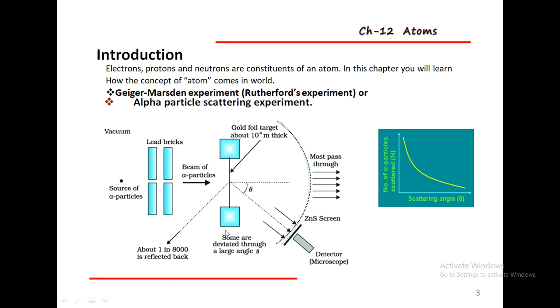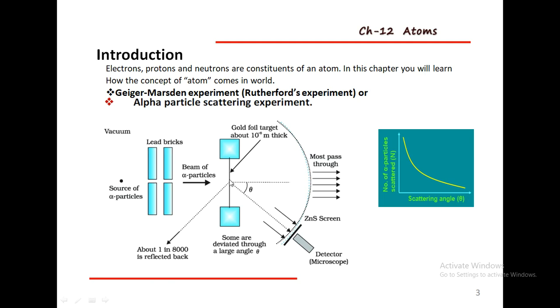By seeing this experiment, they also drew a graph. Along the x-axis they took the scattering angle, and along the y-axis the number of alpha particles scattered. Suppose the scattering angle is 1 degree, 2 degree, up to 179 degree.